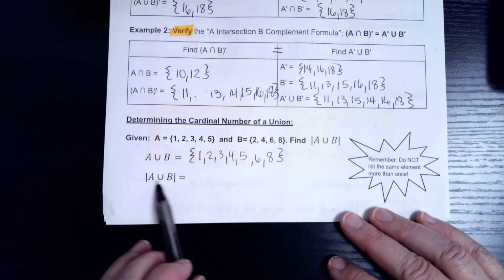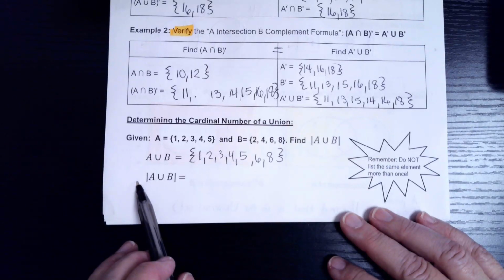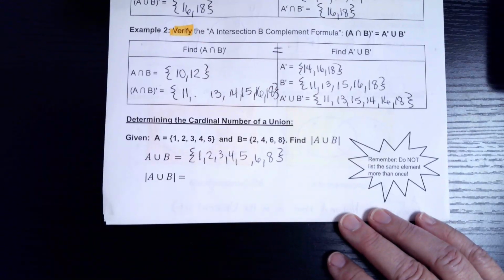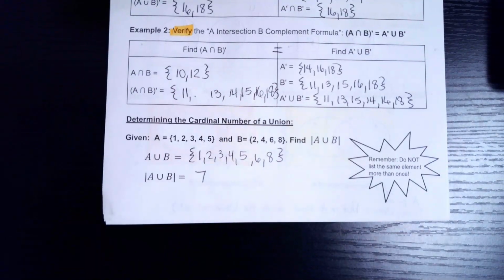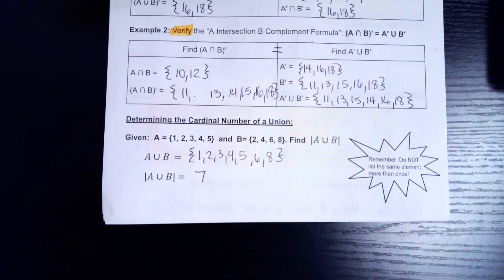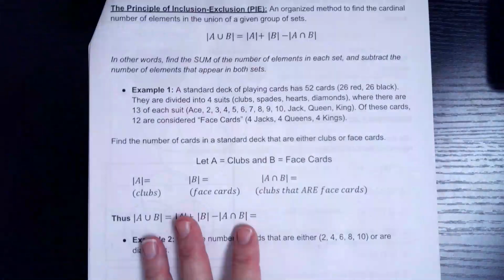What is this asking me? For the cardinal number of the set we just created. So what would that be? 7. Nice. I have a little flashy note. Remember that you don't need to list the same element twice. Gets kind of busy, you think?